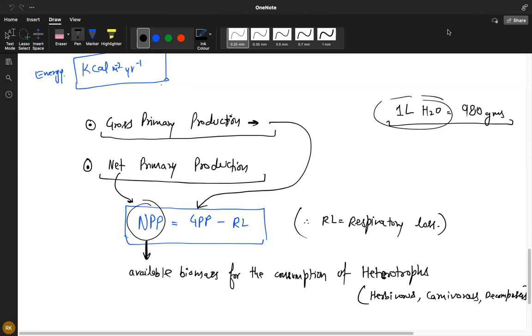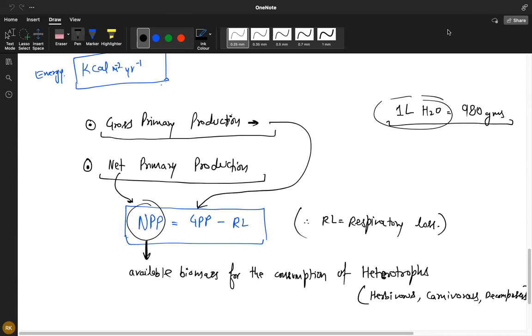A question which has been asked from this topic is, the secondary production depends on which of the following? NPP, GPP, both, none. NPP. Exactly. Secondary production only depends on NPP because only NPP is available for the consumption by the heterotrophs.